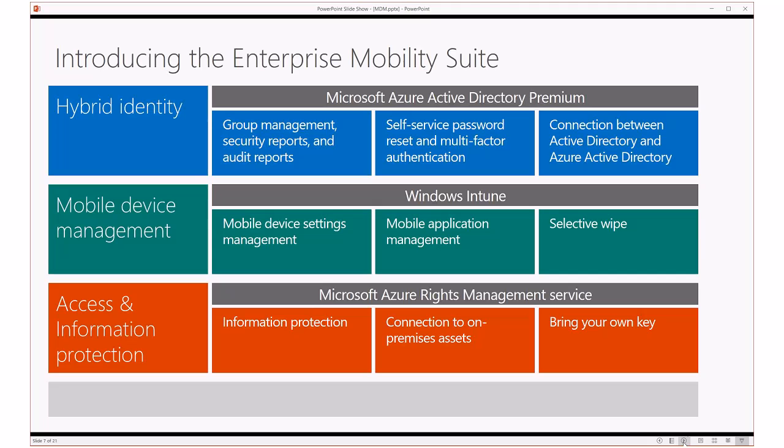So what we're going to do a little bit today is talk about each one of those individually. We'll also talk about another component of EMS, which is the advanced threat analysis for antivirus. It's kind of like looking at the behavioral analytics of your environment and ensuring that your environment is secured and constantly being watched and monitored for behavioral analysis to identify any threats that might have gotten into your network that have kind of gotten past these three first main pillars.